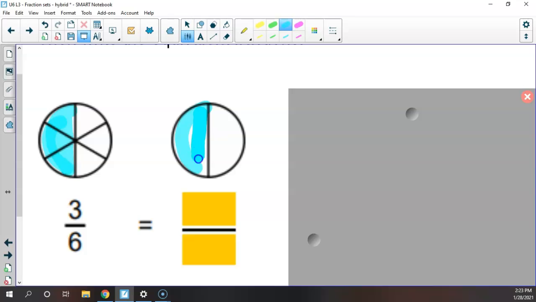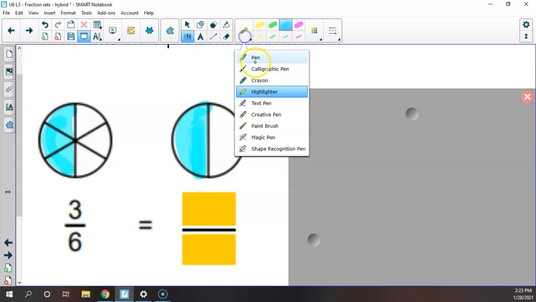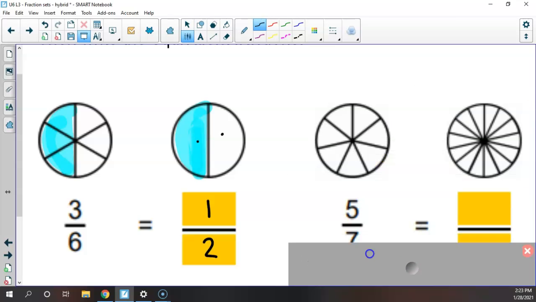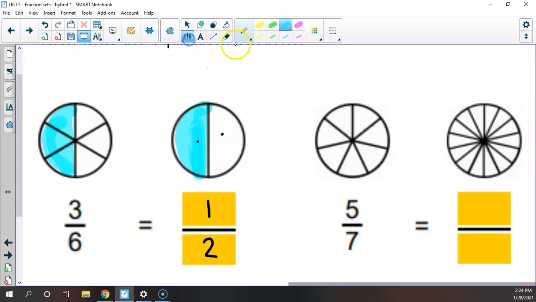That looks like a half to me. And 3 out of 6 is a half. So I think, actually I know, that I shaded 1 out of 2 equal pieces. So 3/6 is equivalent to 1/2. All right, we're going to go ahead and do one more.